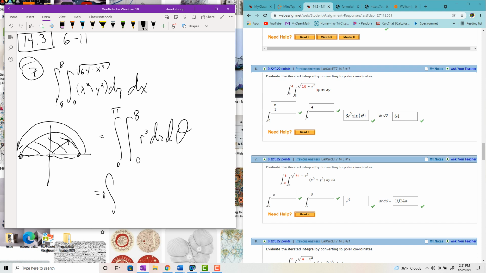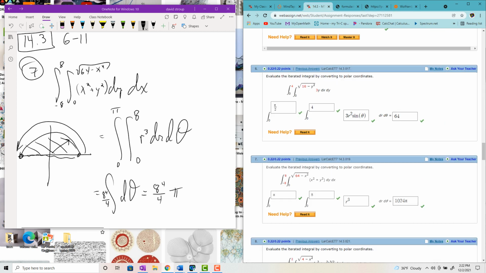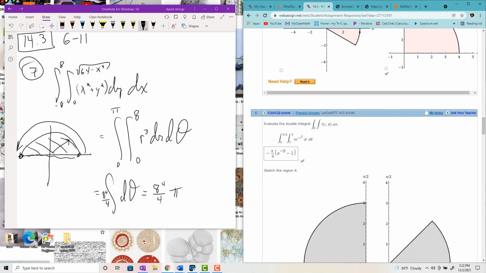So 8 to the 4th over 4, then d theta. So it's just going to be 8 to the 4th over 4 times pi. And I assume that's 1024, and then times pi. So that's 14.3.